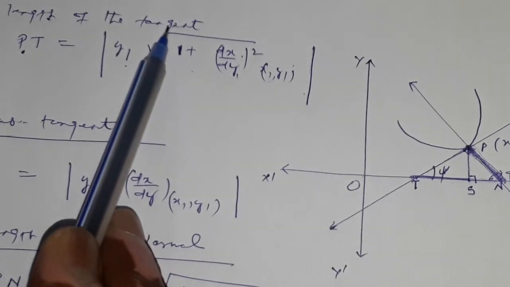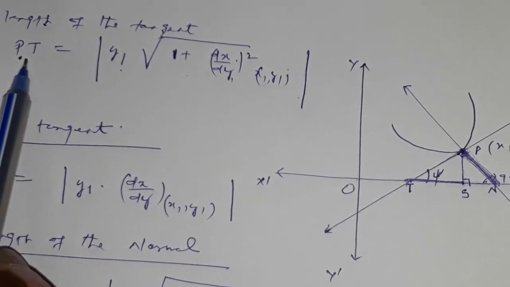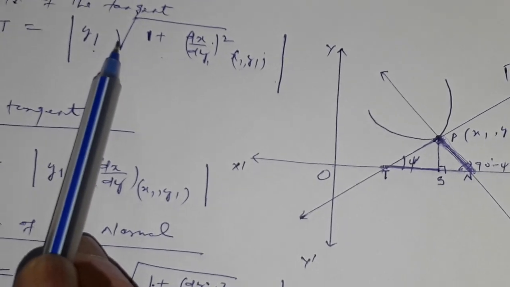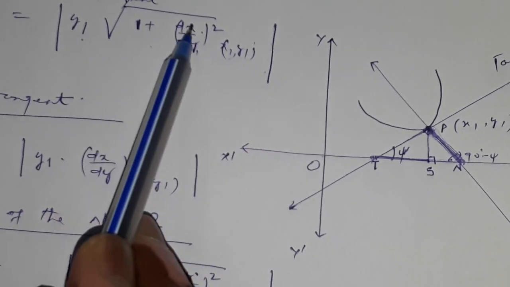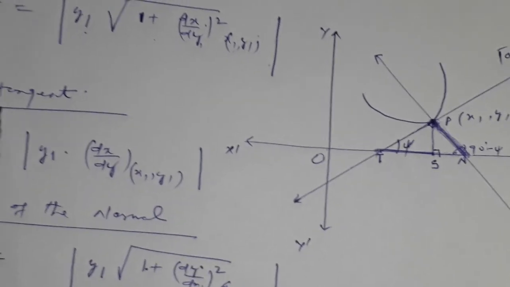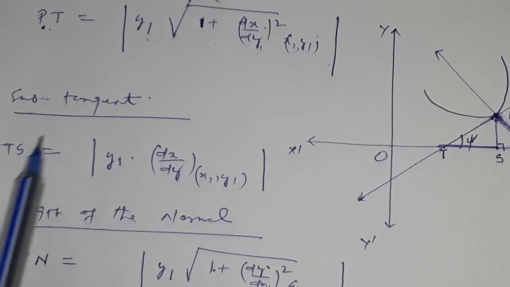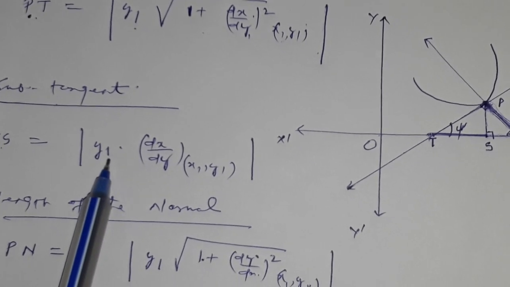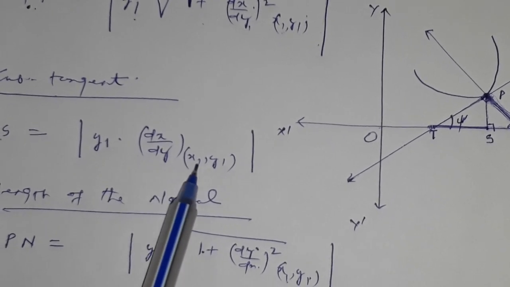Length of the tangent PT equals |y1 times the square root of 1 plus (dx/dy) whole squared at (x1, y1)|. Subtangent TS equals |y1 times dx/dy at (x1, y1)|.